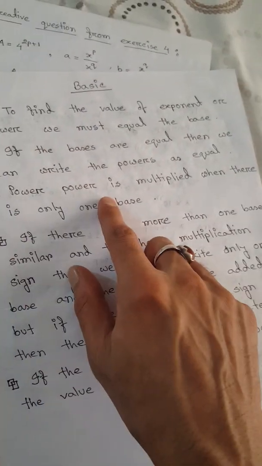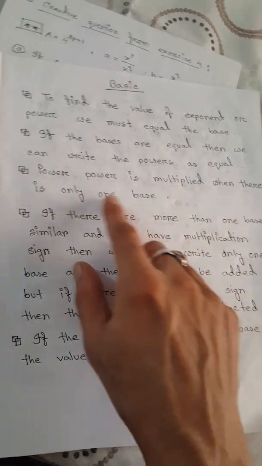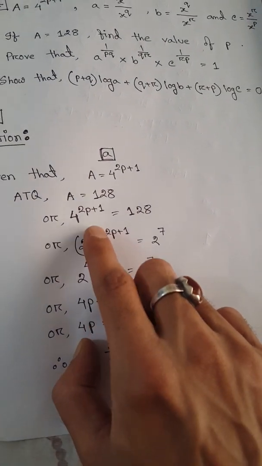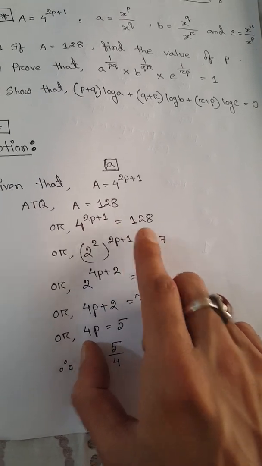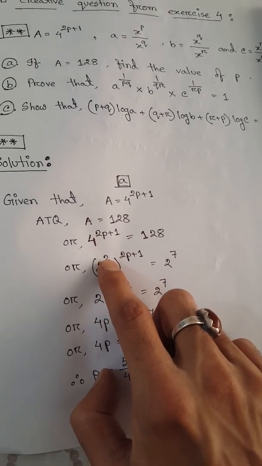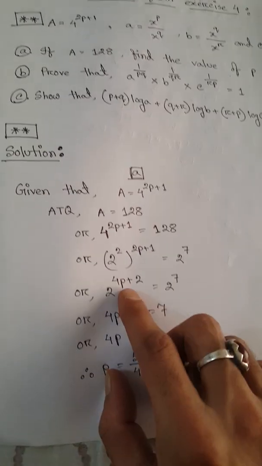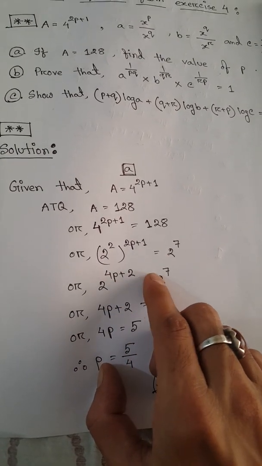Here power and power are multiplied when there is only one base. Here there is only one base. This one is a power and this one is a power. So we can multiply these two powers. If we multiply 2 with 2p plus 1, we get 4p plus 2.